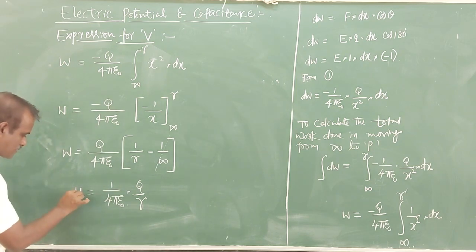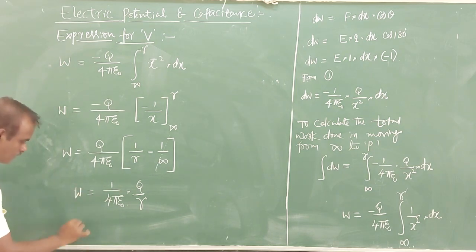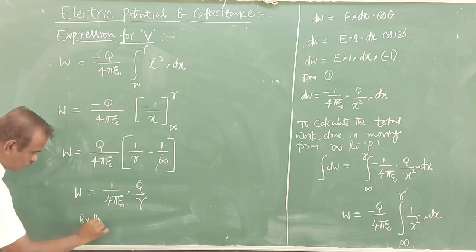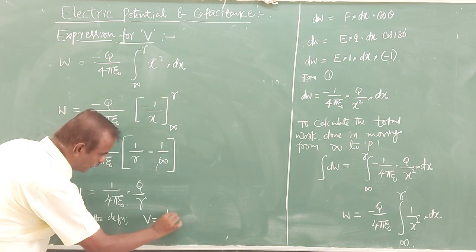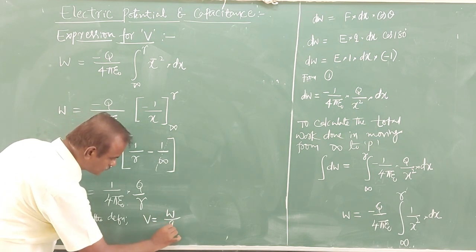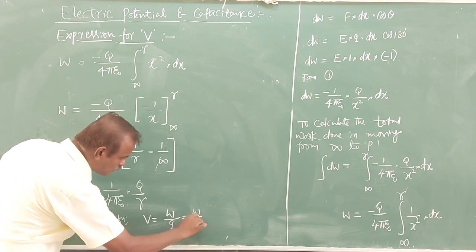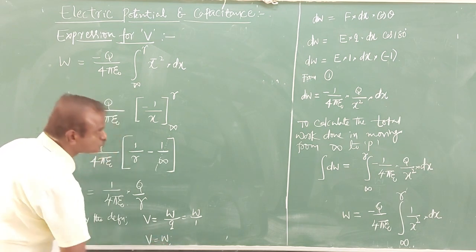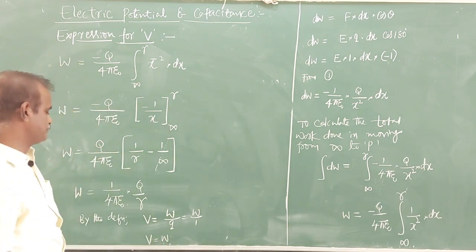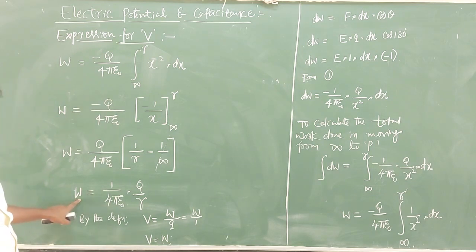And W, what is W? By the definition, V is equal to W by Q, and W by Q is 1, which means V is equal to W. Therefore, you will get this result.